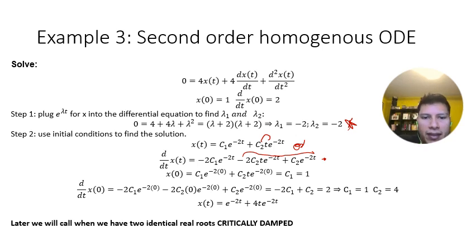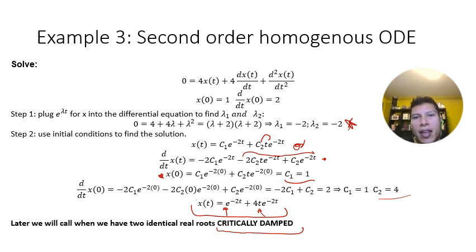Here we have the value of x of 0, and we get that C1 equals 1 and C2 equals 4. So our final solution looks like this, where C1 has been replaced with 1 and C2 with 4. We call these repeated root solutions critically damped when we look at circuits, and we're going to go more over that later.